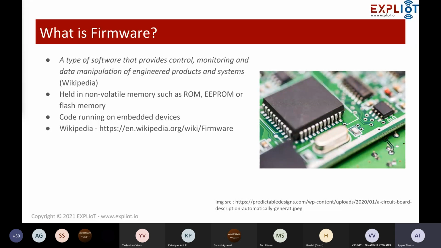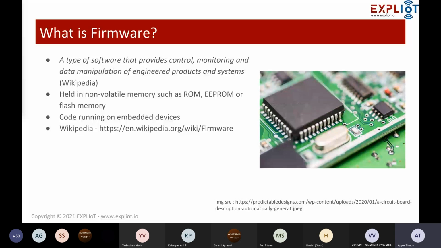In simpler terms, firmware can be defined as the soul of an embedded product. It is basically the code or a full-fledged OS running on the device, and it determines how the device is going to behave, what logic or features are implemented on a particular device microcontroller.